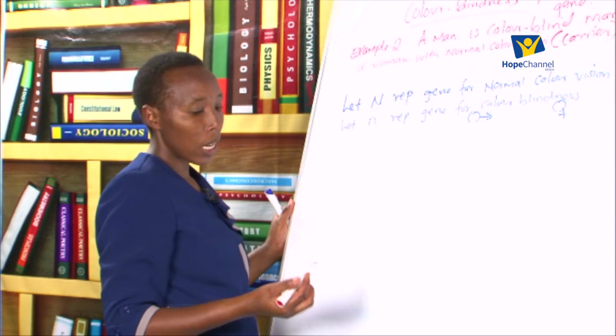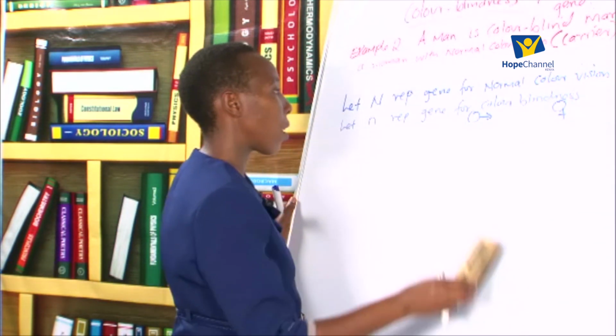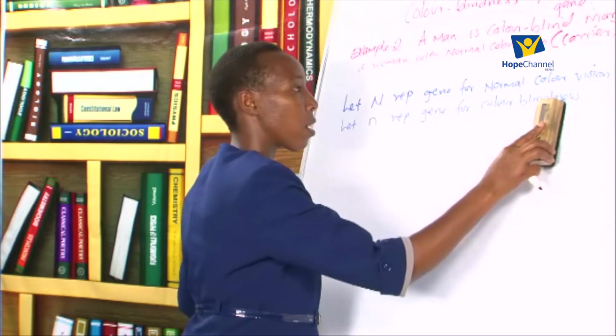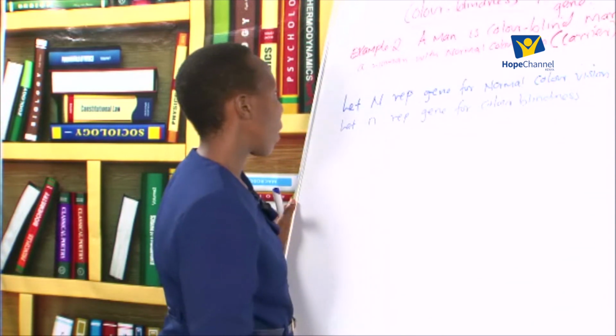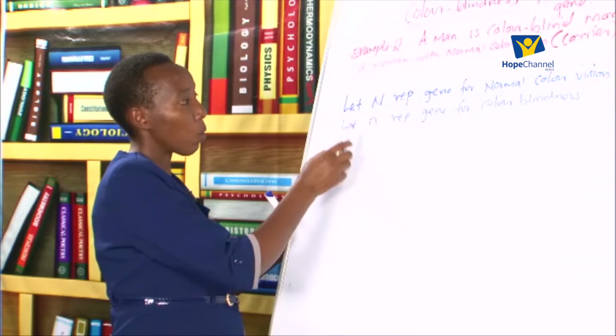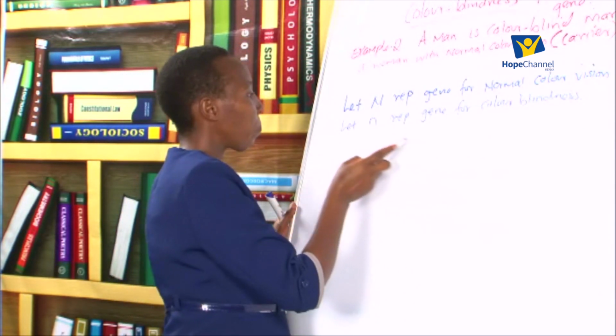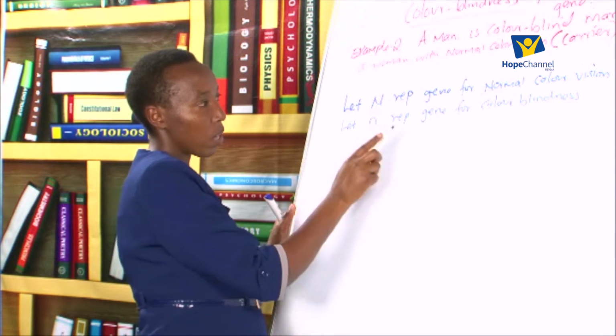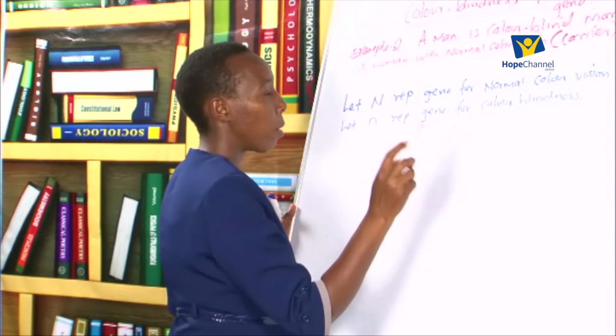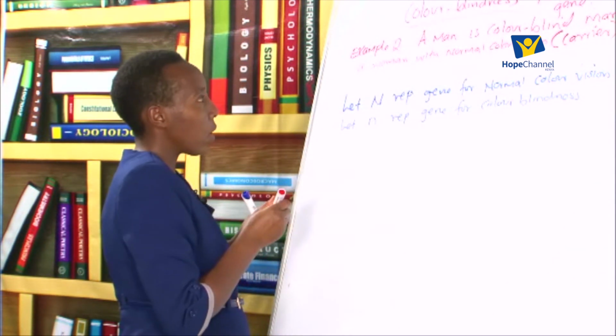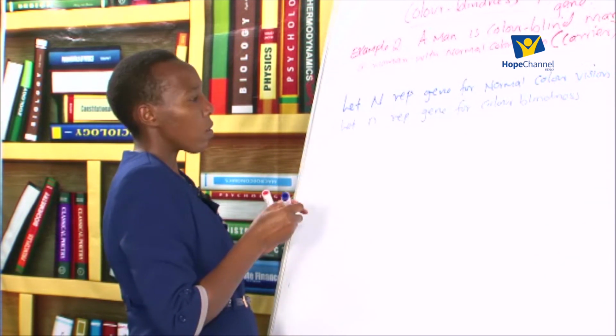So we said that anytime we do the genetic cross, we start by choosing the letters that we are going to use. In our case, I will still use these letters. We let capital N represent the gene for normal color vision, then small n represent the gene for colorblindness. Then we have a man who is colorblind.